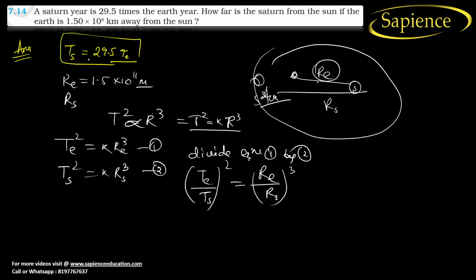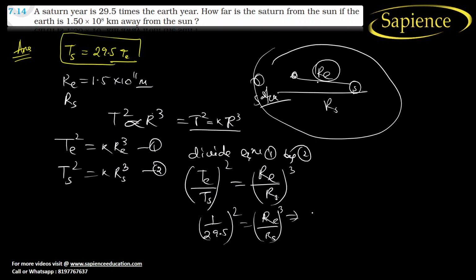So TE by TS is equal to 1 by 29.5 whole square, and this is equal to RE by RS whole cube.